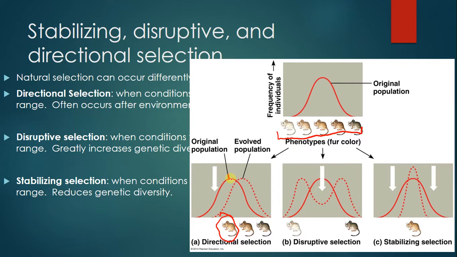Over time, the increased fitness and survivability of darker mice, since they didn't get spotted by the hawk and eaten as much, caused the dark color to persist in the population and directional selection to occur, because darker fur color was favored. So the population distribution of fur color was skewed, directed to the right, to the darker side.